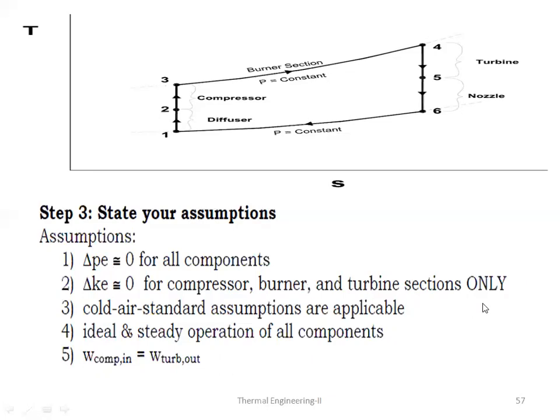The kinetic energy is not equal to 0 in the nozzle as well as in the diffuser. Third point, the cold air standard assumptions are applicable. And the fourth point, ideal and steady operation of all components.